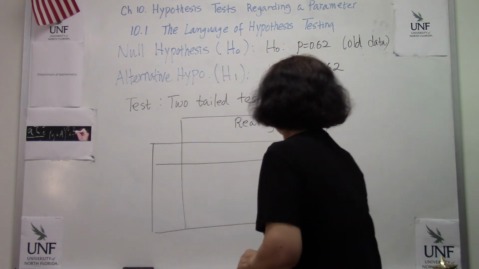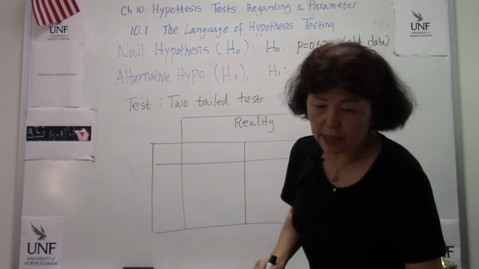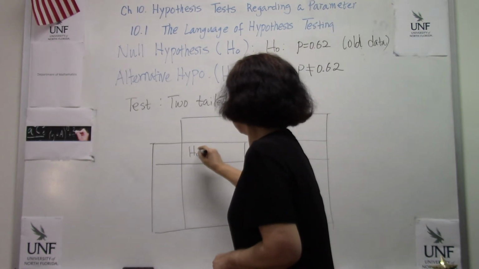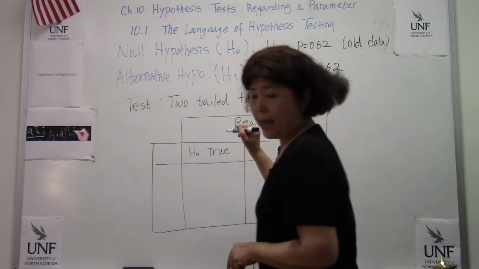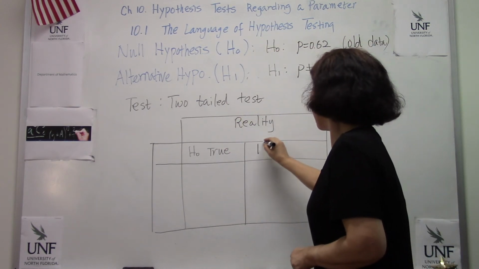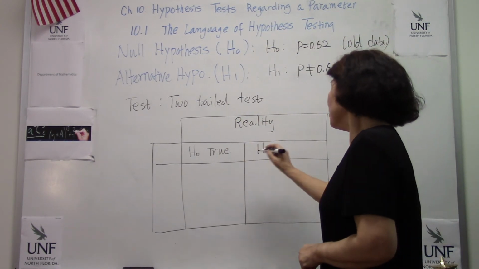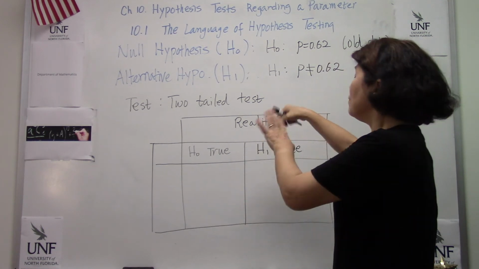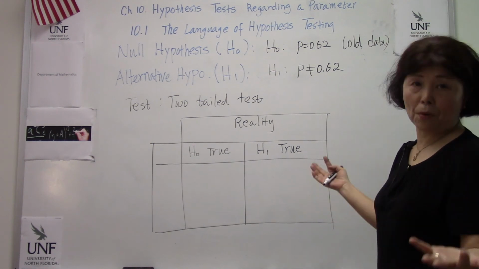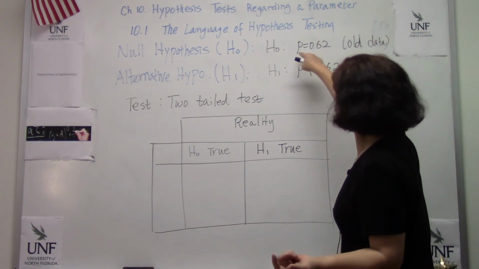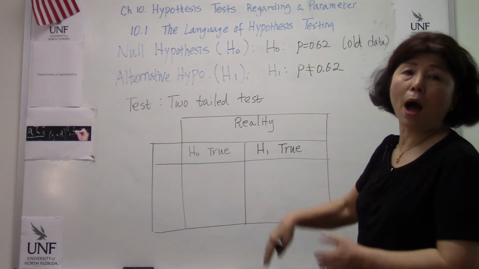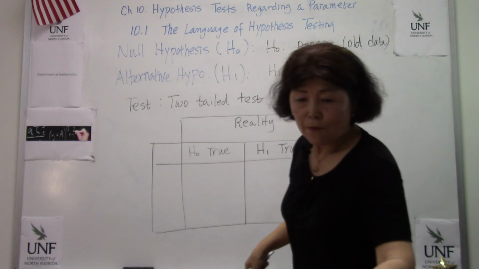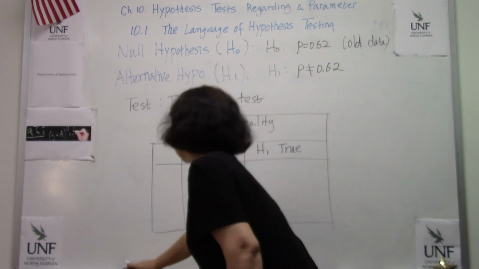Reality is that there are two possibilities. One is H naught is true, and the other is H naught is not true. In this case, H1 is true. One way or another, you cannot say both. Either P equals 0.62 or unequal to 0.62. That's it. And the other part is the conclusion.